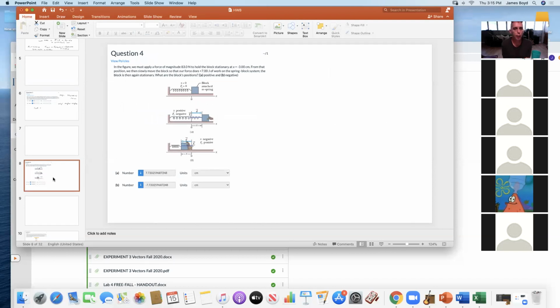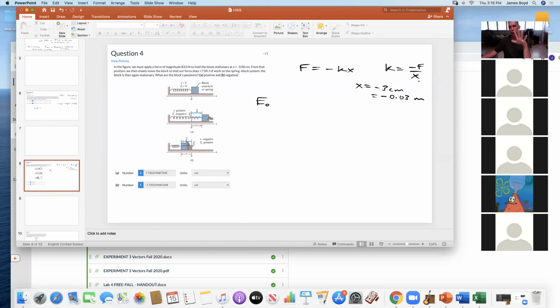Okay, so this problem is a little messy, a little annoying because of one really super annoying thing. If you tried to do this, first of all, we need to find K. And what it's telling us is if F equals minus Kx, K is minus F over x, but x is minus 3 cm or minus 0.03 meters.